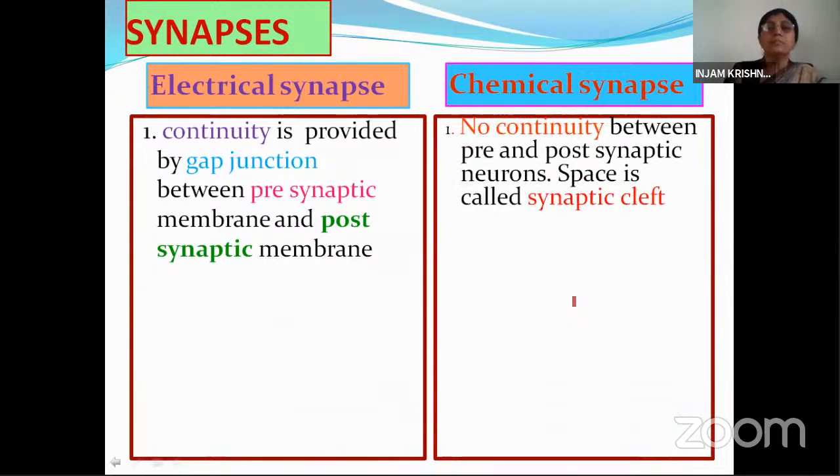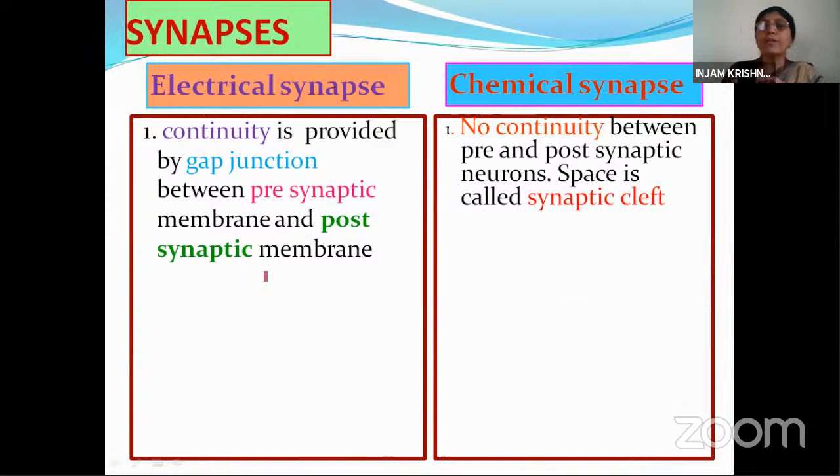In an electrical synapse, continuity is provided by a gap junction between the presynaptic membrane and the postsynaptic membrane. There is a gap, this cleft, and that cleft is connected by gap junctions. This is called an electrical synapse.